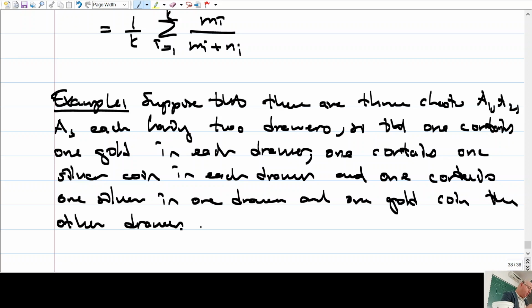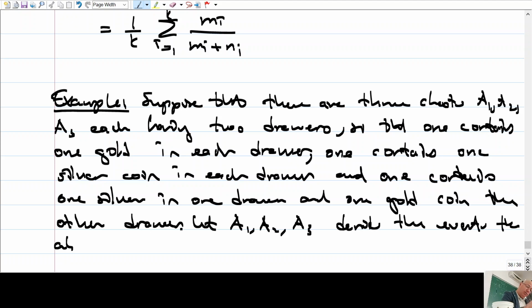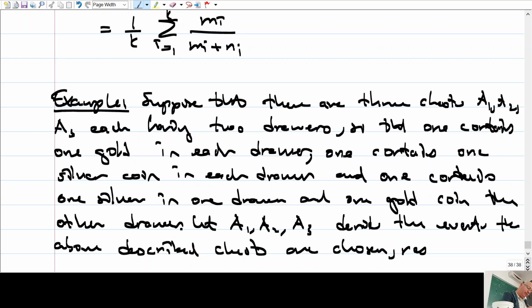All right. Let A1, A2, A3 denote the events that the above described chests are chosen respectively.